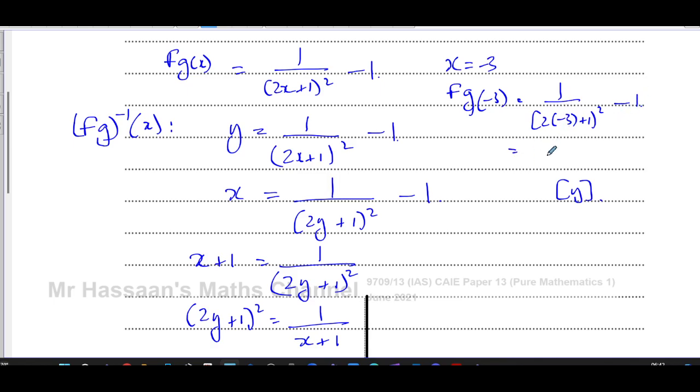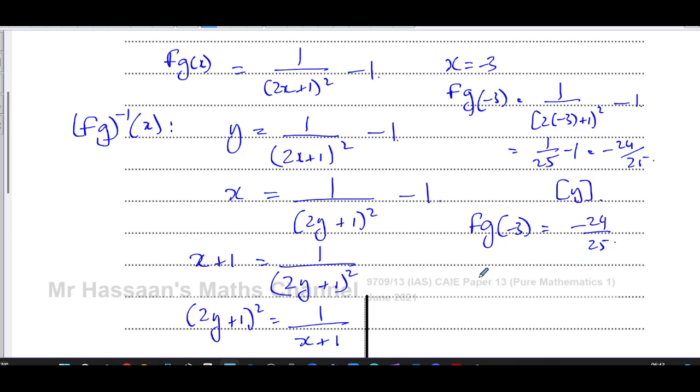So that's 1 over minus 6 plus 1, which is minus 5, squared. So it's going to be 1 over 25, it's going to be positive 25 because you square a negative number, minus 1, which gives me minus 24 over 25. So when I put minus 3 inside the original function, I get negative 24 over 25.